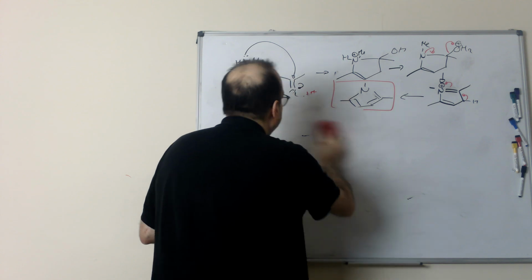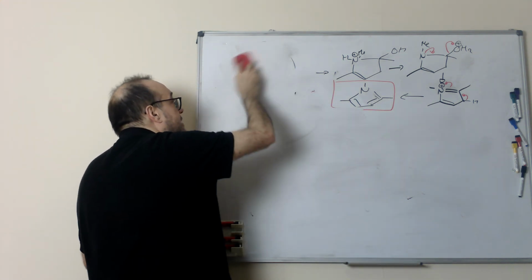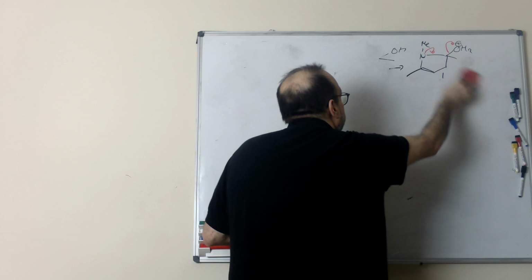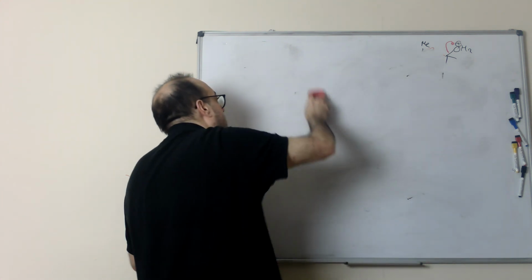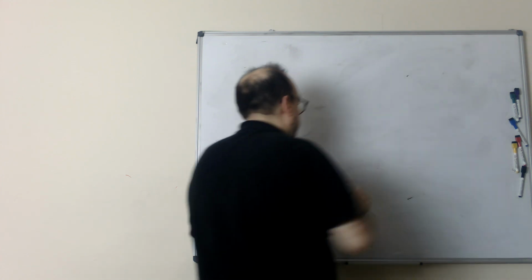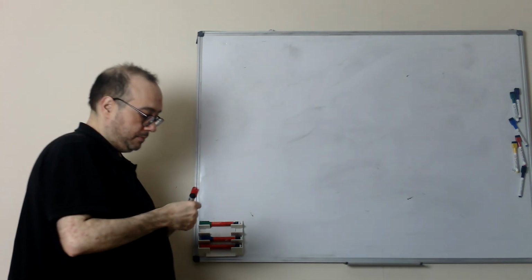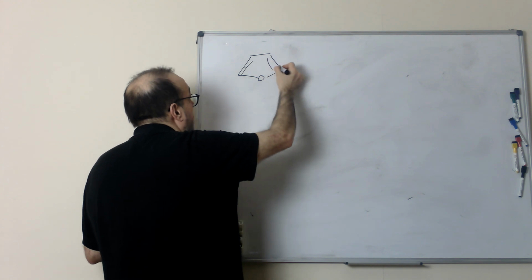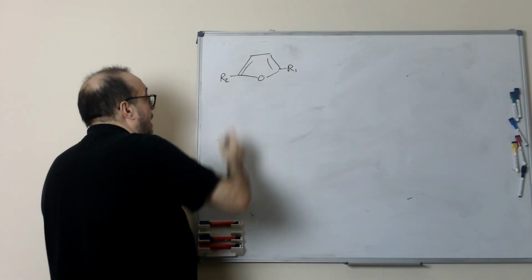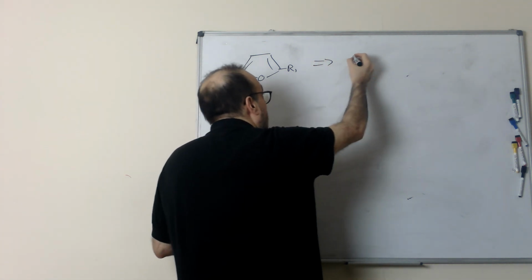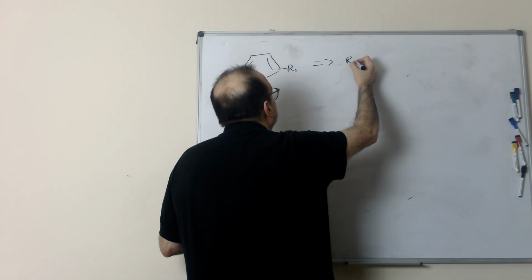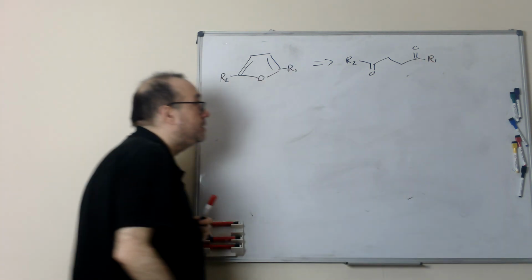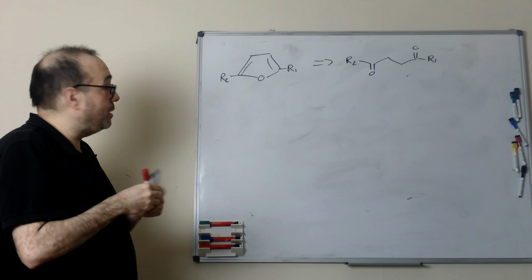Well, in order to synthesize furans, basically what we do, we have the furan, and this can come from exactly the same as before, the 1,4-dicarbonyl compound that we will synthesize the same way. We can do an analogy.